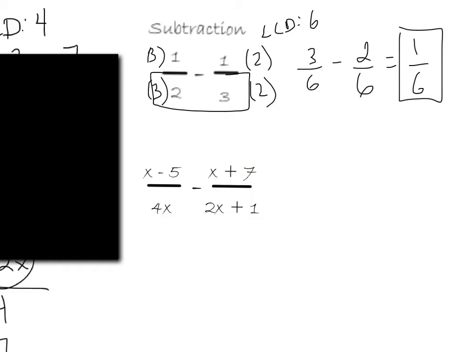Okay, so we want to find the common denominator between 4x and 2x plus 1. Now, here, if you remember, the least common denominator was the multiplication of the 2. This is the same case, and in many cases, if you are not sure what the least common denominator is, you can go ahead and just multiply the 2 and make that your common denominator.